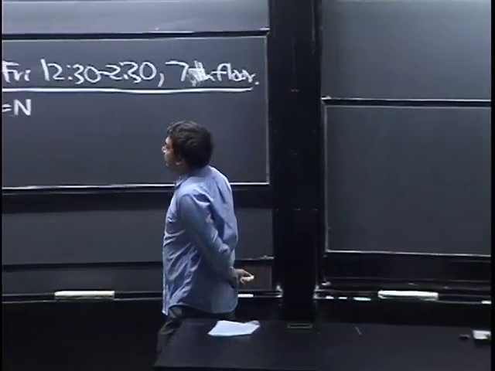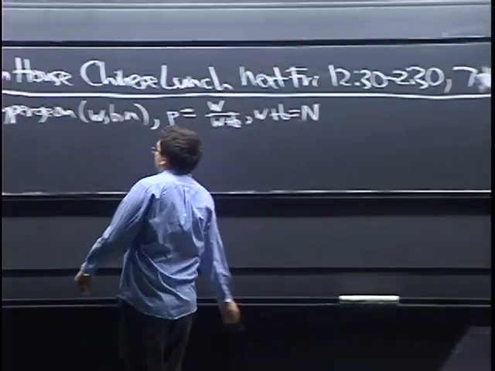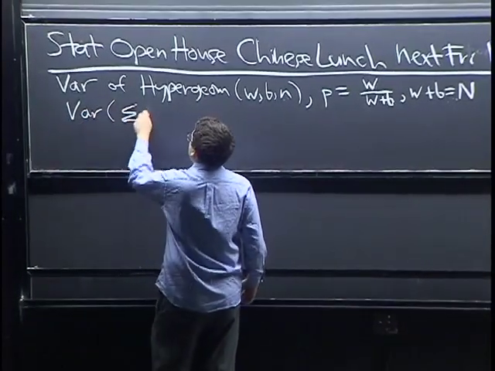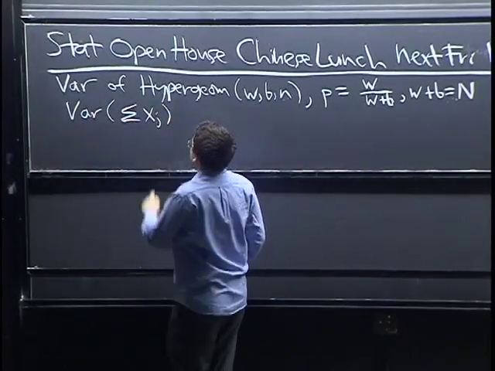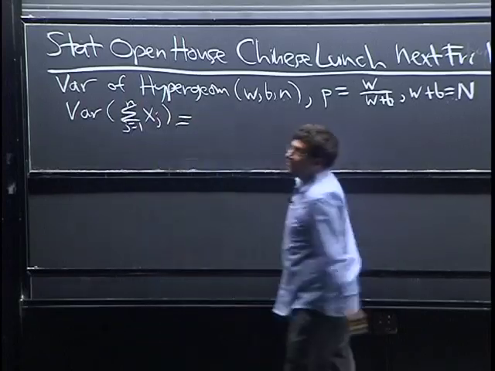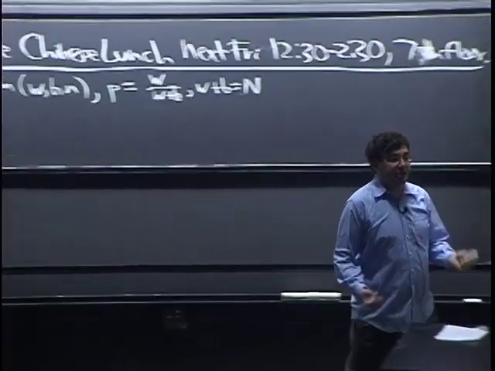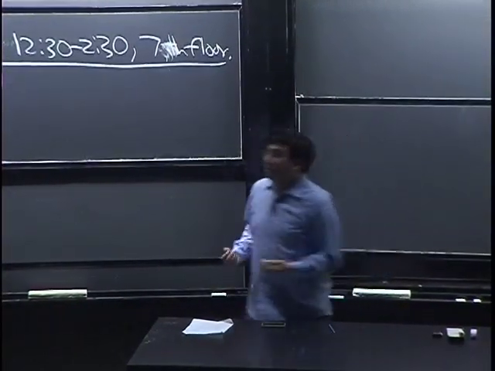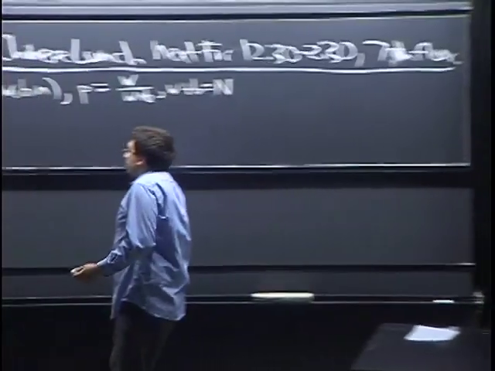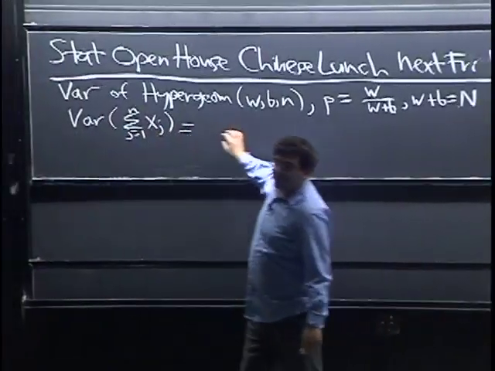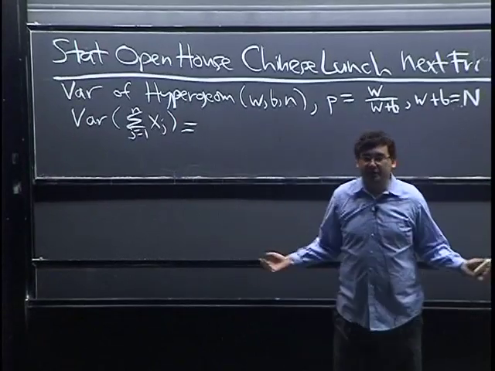Okay, and then what we did last time was to write the variance of X. We decomposed X as a sum of indicator random variables, where Xj is just the indicator of the jth ball that you draw being white. And then using the stuff we did last time for variance, the variance of the sum is the sum of the variances, plus all these covariances.